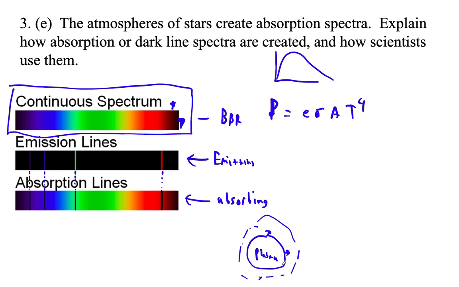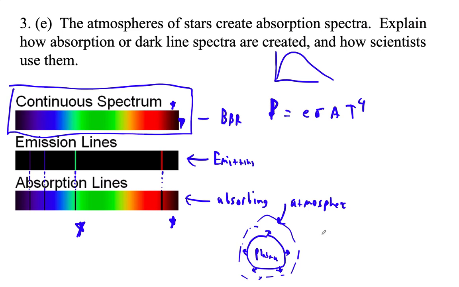But before it can get into space, it has to go through the atmosphere of the star, right? And in passing through the atmosphere, these particular frequencies or wavelengths are absorbed. Okay, so this is what we see from a distance. We see this, right? Only it's far more complicated than that.